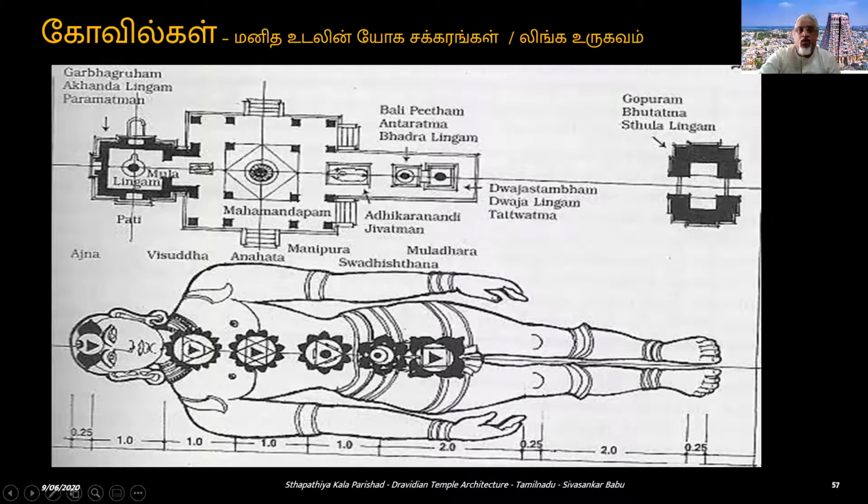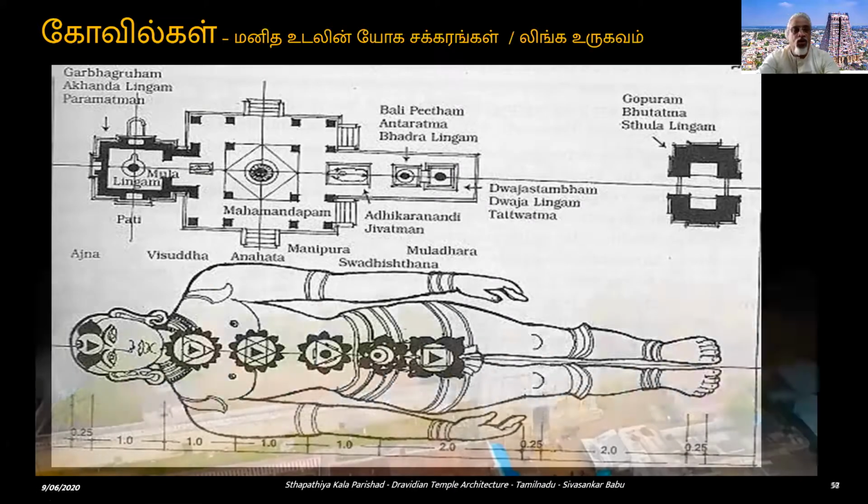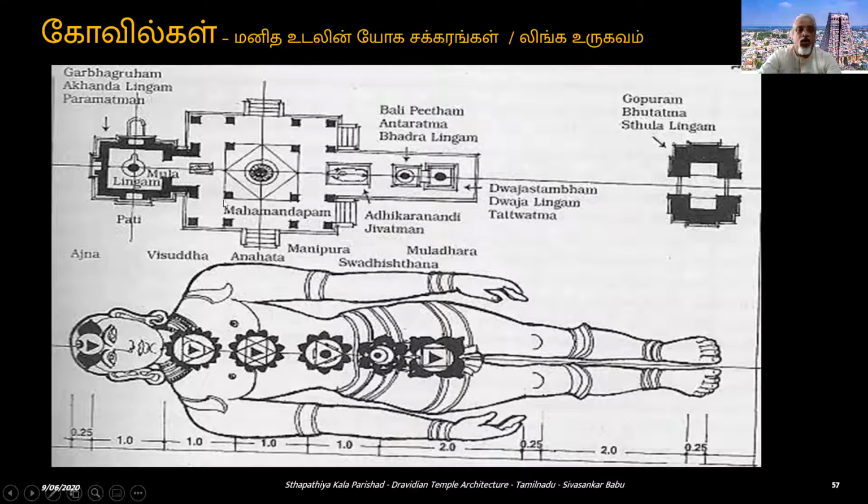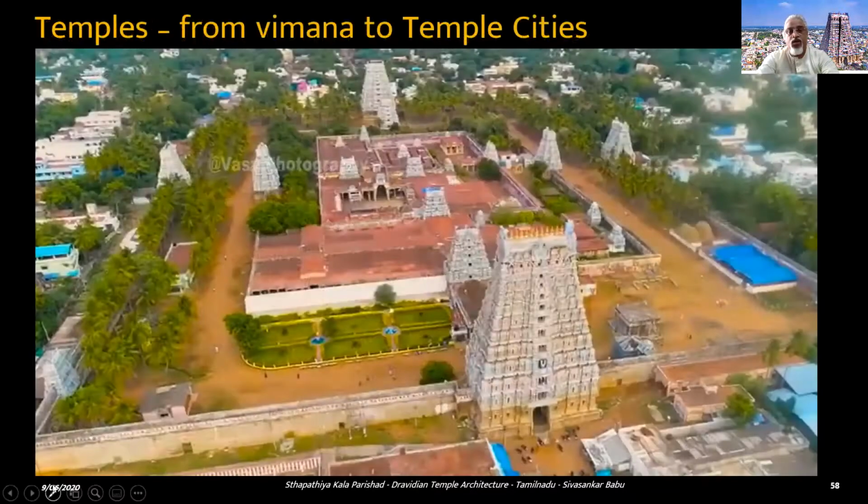Around this there are many subsidiary temples and other mandapas spread around. This is normally compared to the 6 yoga chakras in your body, and they are equated to the parts of the body. The gopura is equated to the foot, and the garbhagriha to the head, and the various parts are mapped to the in-between areas, shoulder, hip, waist and others.